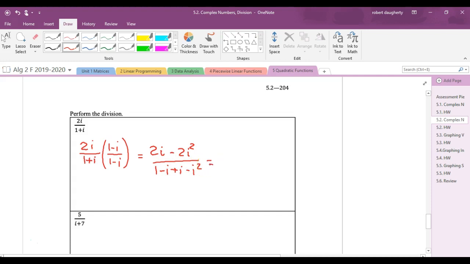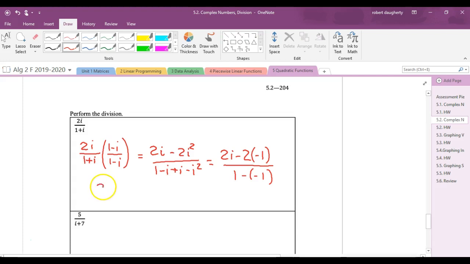So on the top, this is what? 2i minus 2 times negative 1. On the bottom, the negative i and the i cancel. So the whole design was that you should get the i terms to cancel on the bottom of this fraction. So this becomes 1 minus negative 1. So what do I have there on the top?